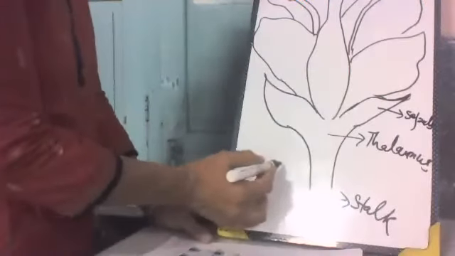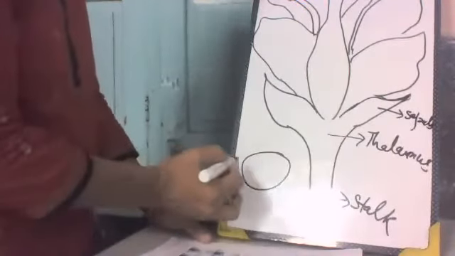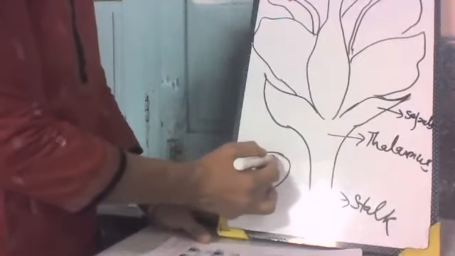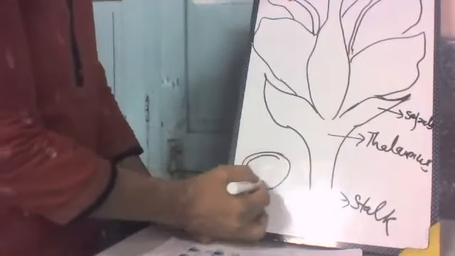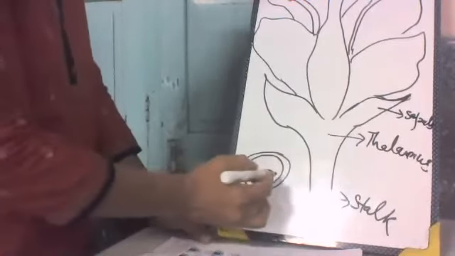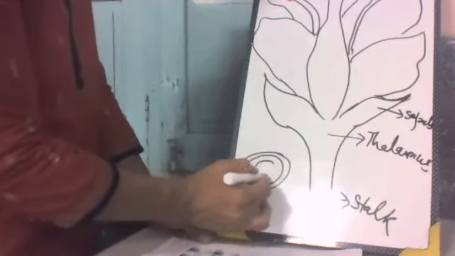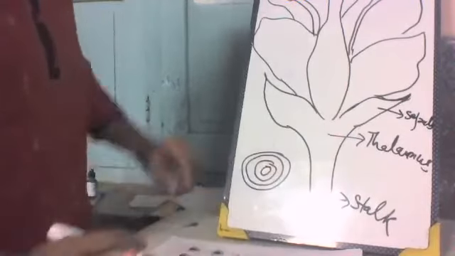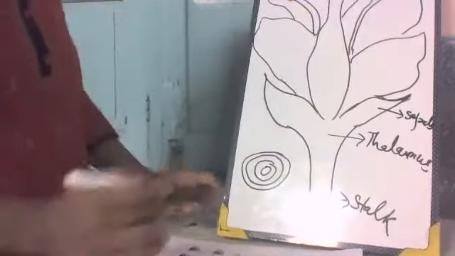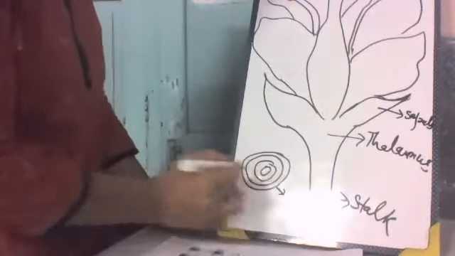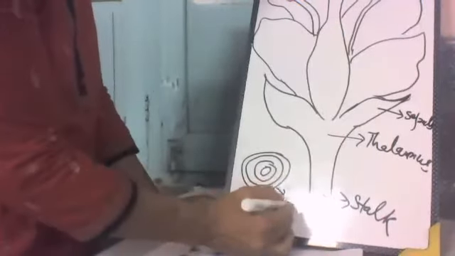The outermost whorl, after that one more whorl, then one more, and then one more. There are four layers. The outermost is known as the calyx.